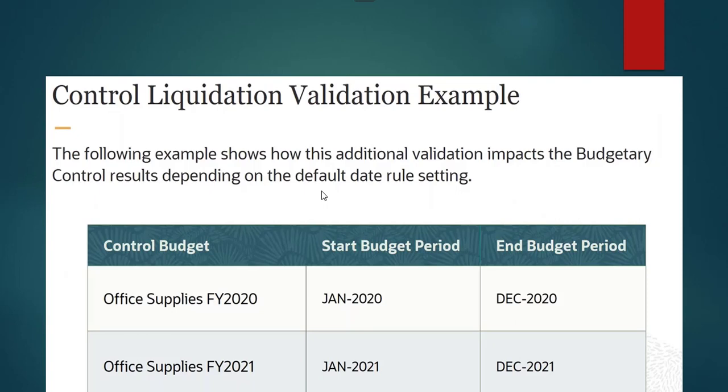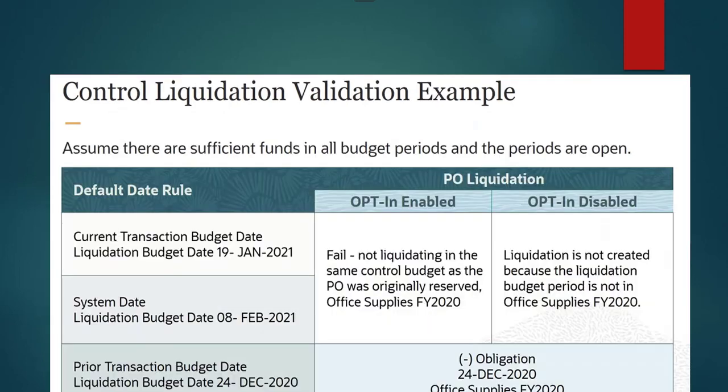Budget date is the 19th of January, our system date is the 8th of February 2021. We are assuming that there are sufficient funds in all budget and our budget periods are open.